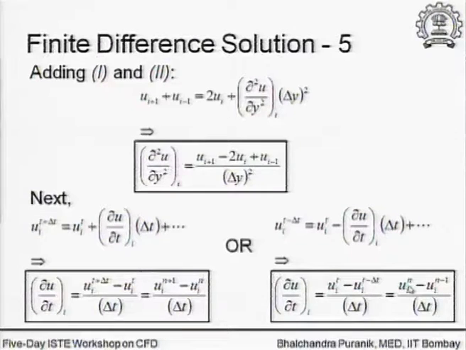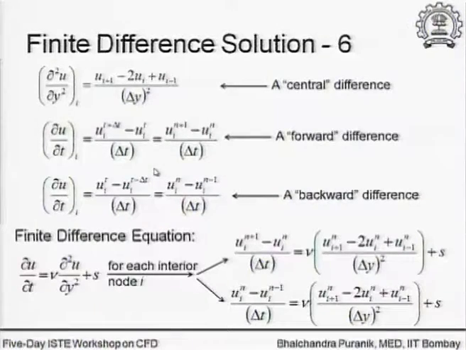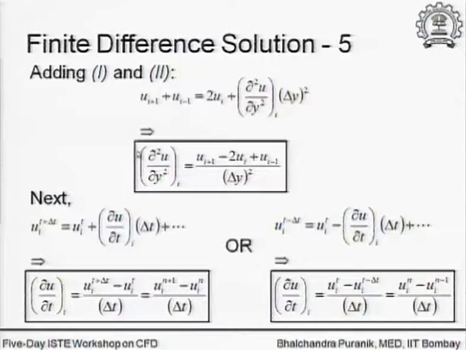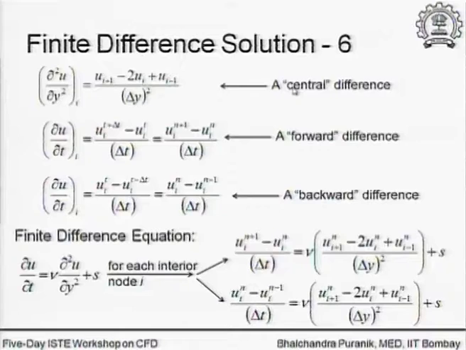So then I have two possibilities in this case as far as the time derivative is concerned, and I have decided that I will use this one particular way of representing the second order differential with respect to y. So then let me complete the nomenclature. What we have come up with here for the second order difference is what is popularly called a central difference, as most of you would know.